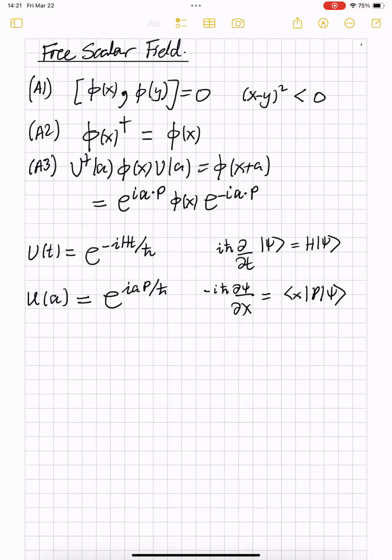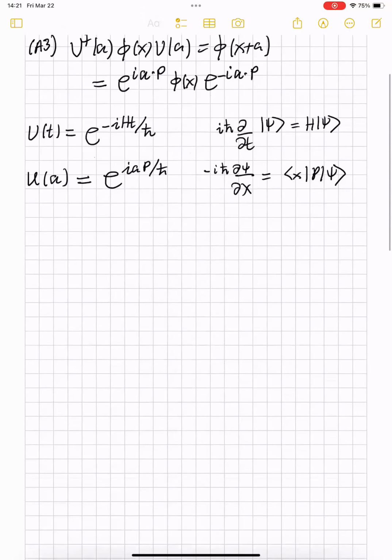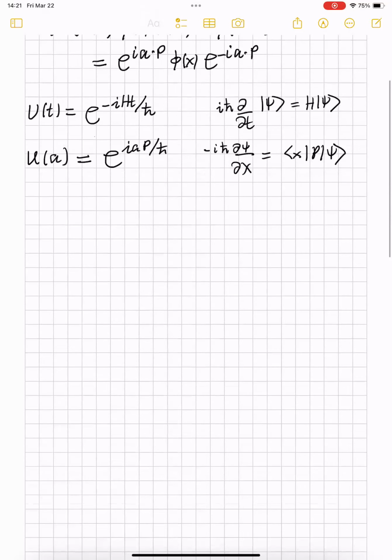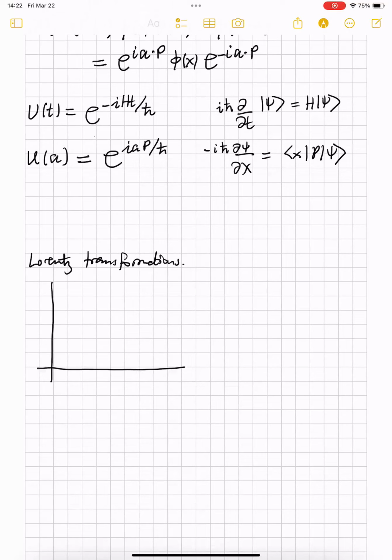Okay, so we've discussed translations. So the natural thing to discuss now is Lorentz transformations. So how does our field behave under Lorentz transformations? Okay, well, let's imagine that we have some space-time diagram.